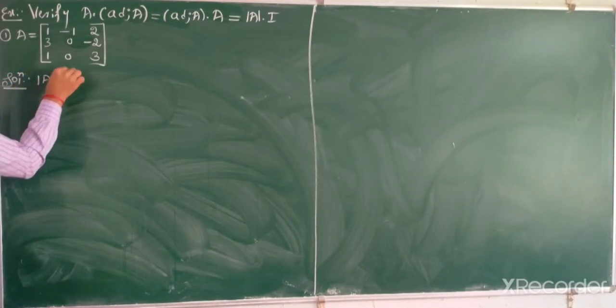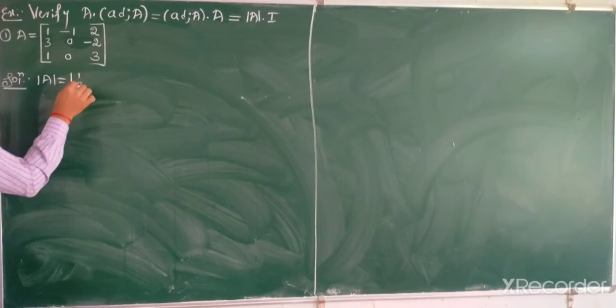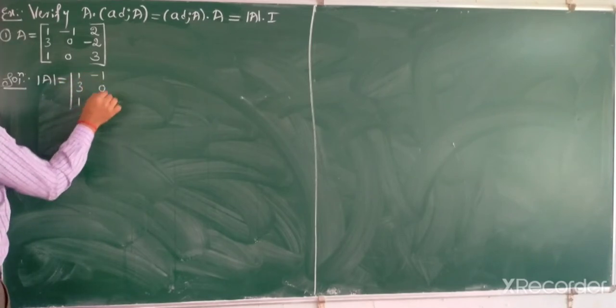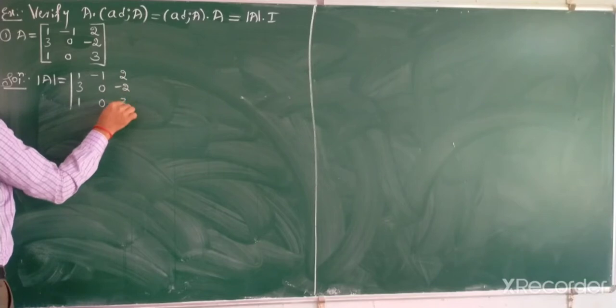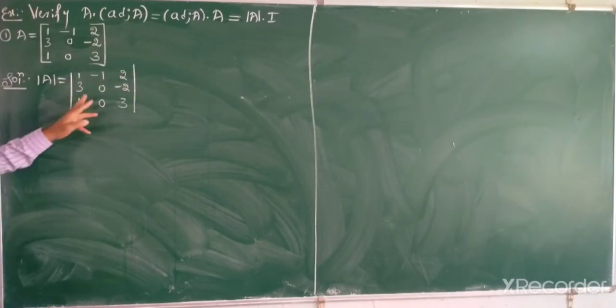Determinant of A is nothing but the determinant of the matrix [1 3 1; -1 0 0; 2 -2 3]. Correct? Then what do you have to find out?